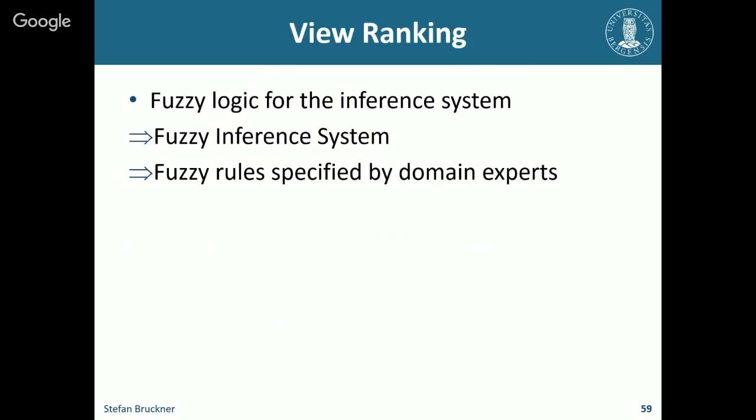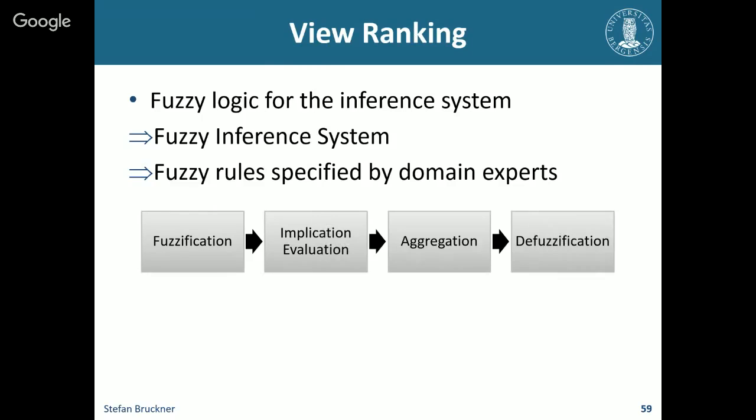And the fuzzy inference system will then give us essentially a ranking of how good a view is for a particular region of interest. I will not detail how this works, but we use a standard fuzzy inference system.